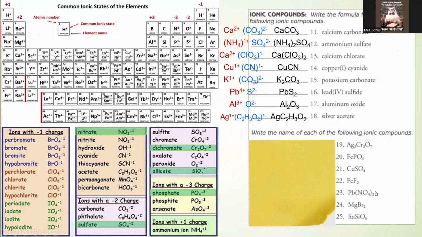So a 2-, so lead has to be a 2+, Roman numeral 2. And then number 25, tin can have a 2+ or a 4+. And silicate has a 2-, and there's only one of them. So that means that that tin atom has a 2+ charge.